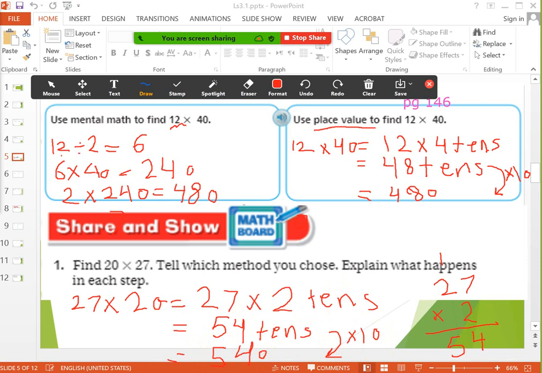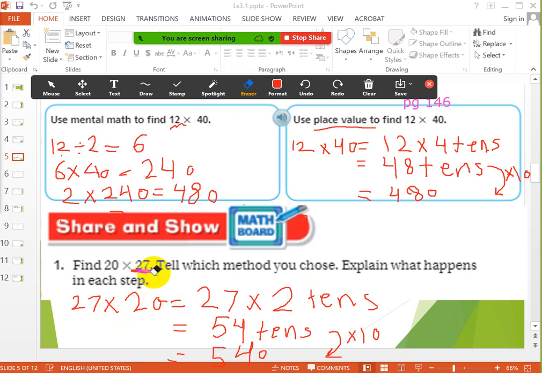If I want to do it by using mental math, what should I do here? What should I do? Who will tell me? First thing, what should I do? In the first step, I have to take the half of 27.